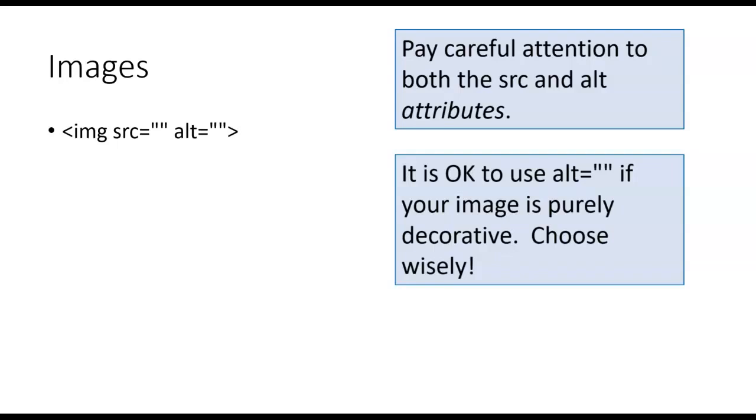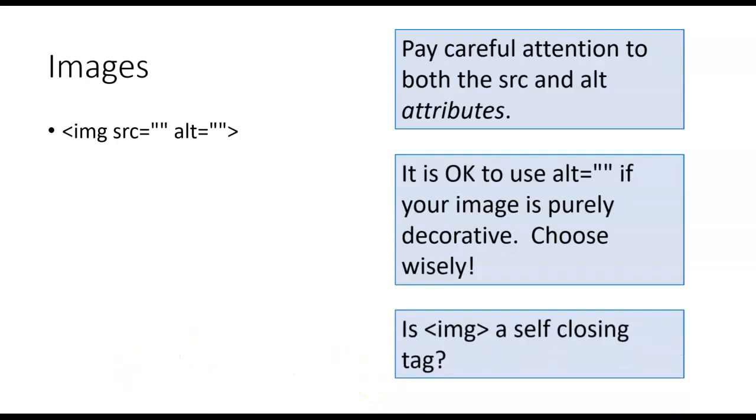But you need to choose wisely. Sometimes when a future programmer learns that, they simply put in alt equals and an empty string everywhere, when in fact some of the images are really important. So if your image is important to the viewer's understanding of the whole page, then you want to put a short but meaningful description in there.